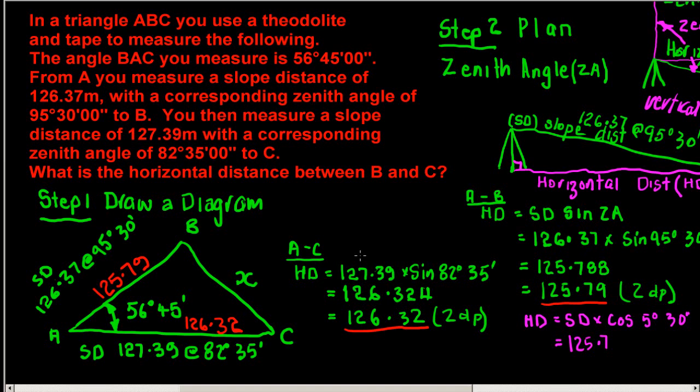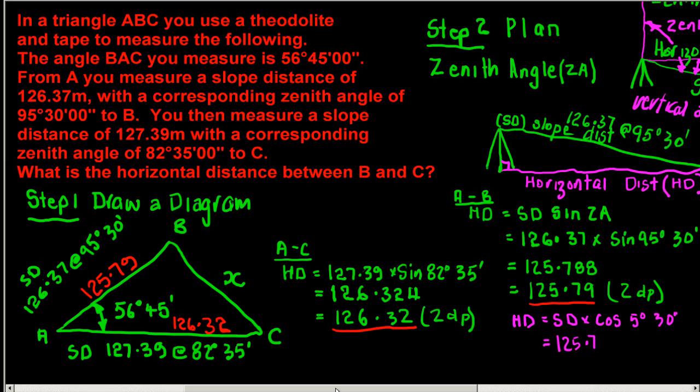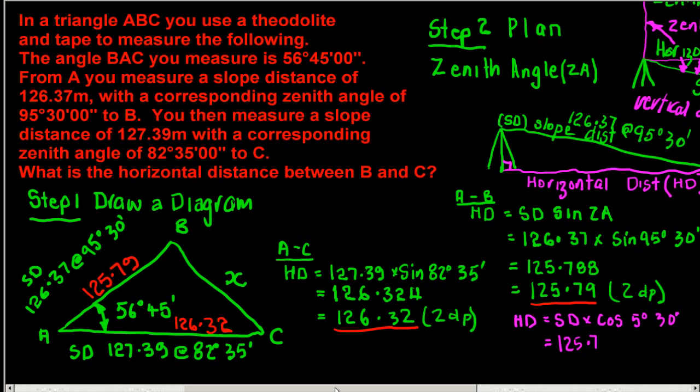Slope distance, just be careful about that, with a corresponding zenith angle of 95 degrees 30 minutes to B. You then measure a slope distance of 127.39 with a corresponding zenith angle of 82 degrees 35 to C. What is the horizontal distance between B and C?